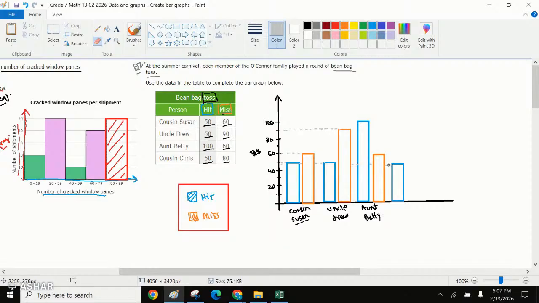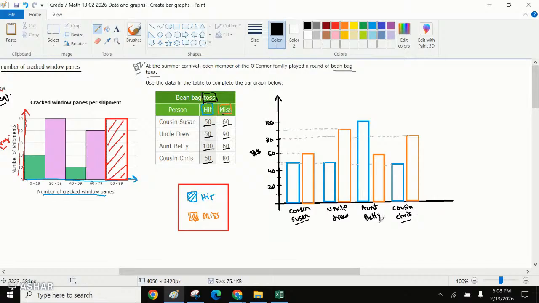These are simply dots to show that this is 50. And cousin Chris had how many missed shots? He had 80 missed shots. Agreed? Let's go down a little. So I can show that this is an 80. And the name would be cousin Chris.